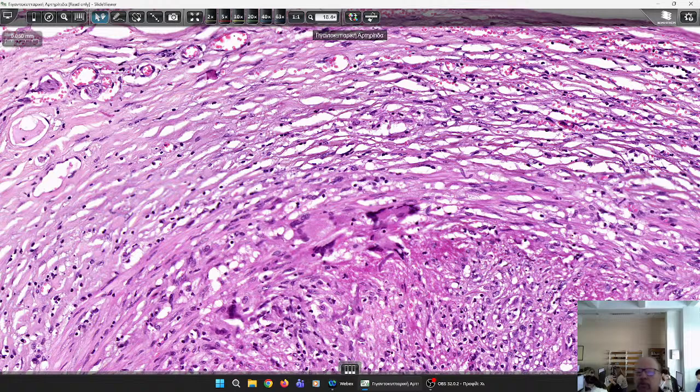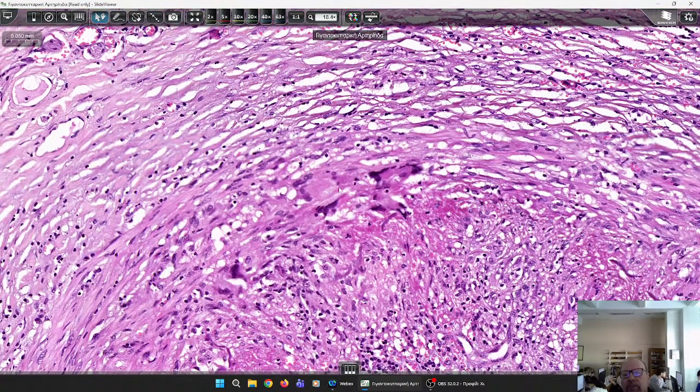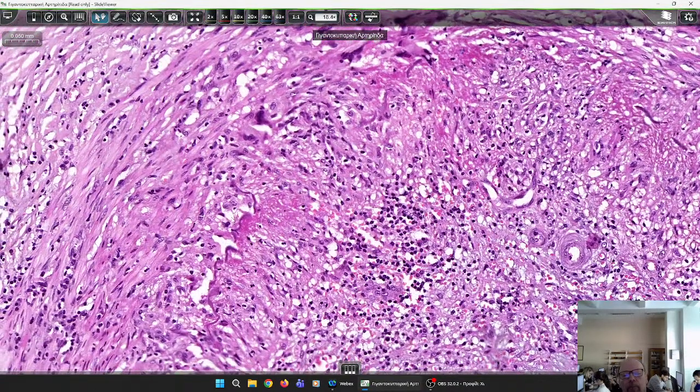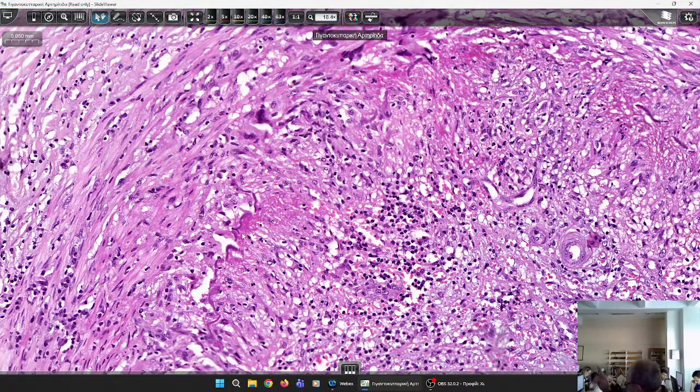So you can show me the giant cells. You see? Here they are, multinucleated. The remnants of the lamina, here, you see that it is disrupted. Look here. It is not continuous. It is broken.